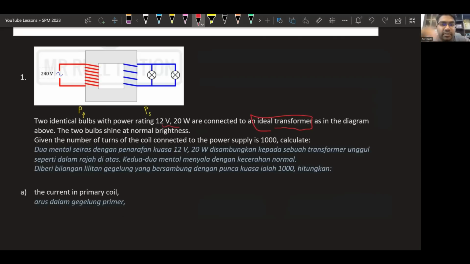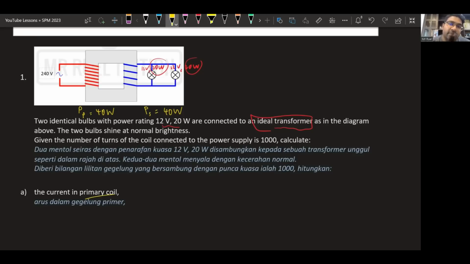So now we have 12 volts, each one is 12 volts and 20 watts. So we know the total power output already, just from this. Each bulb is 20 watts, so the total secondary power output is 40 watts. And on the primary circuit, since this is an ideal transformer, the primary circuit will also be pushing 40 watts of power. Right? So what is the current in the primary coil?